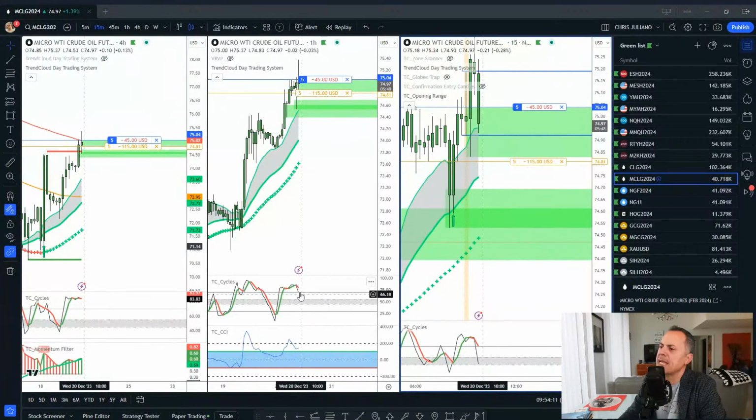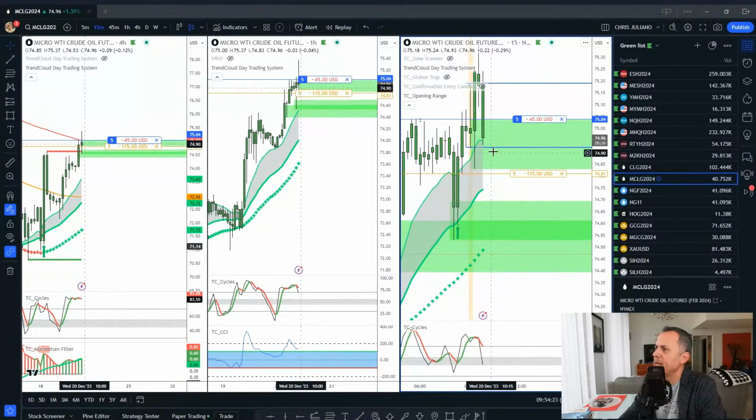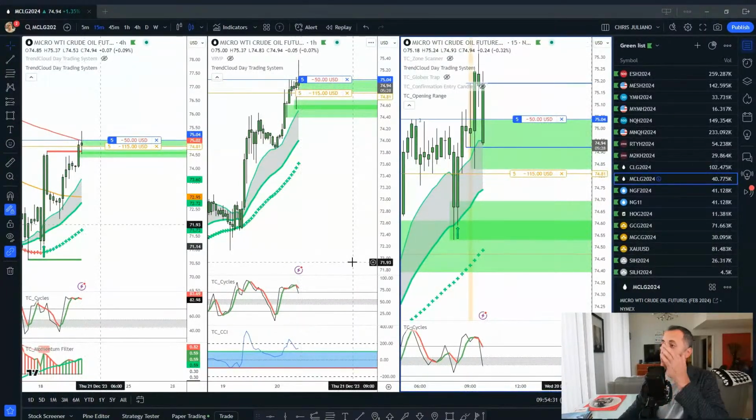We are cycling down, but we are cycling down into strong momentum. We're going to buy this thing. We're going to buy this sucker somewhere. Pulling back into the trend cloud. Let's see if we start to get a reversal, because this is the 15-minute trend cloud right here.